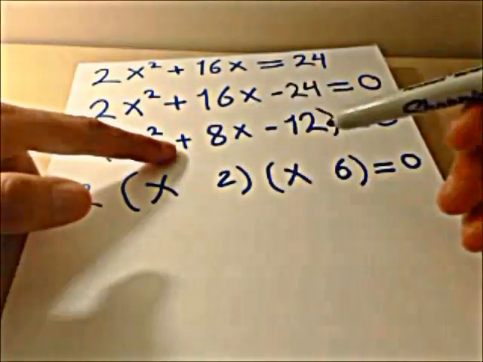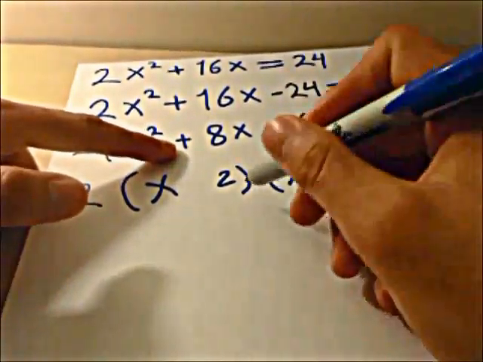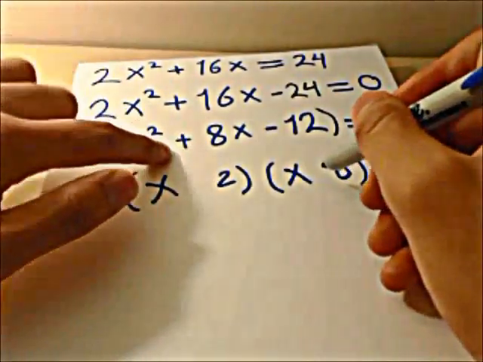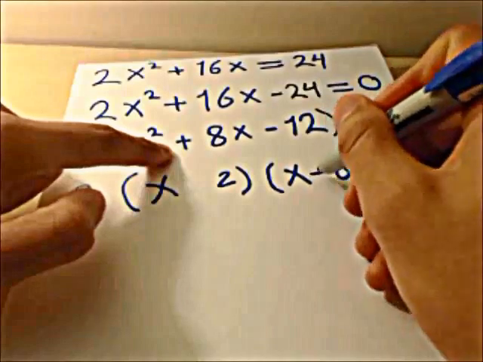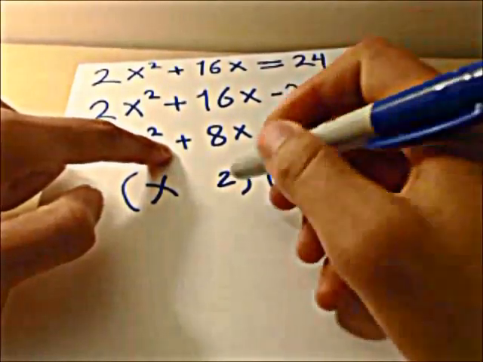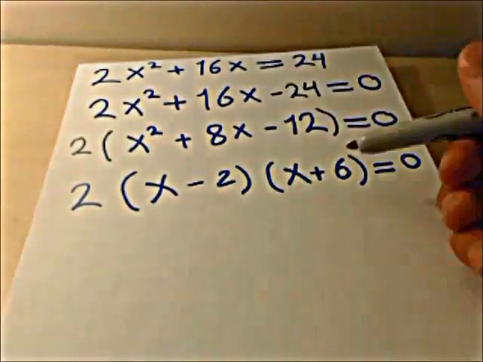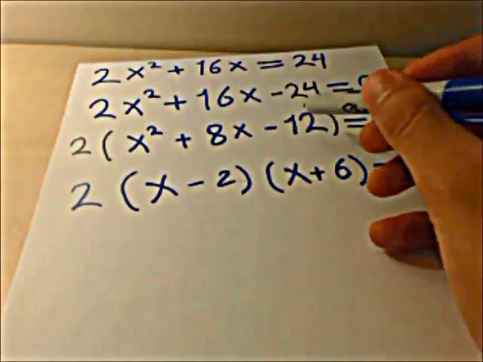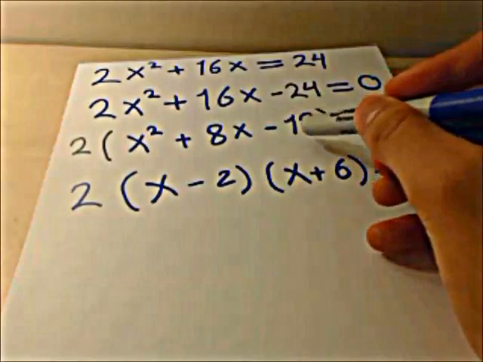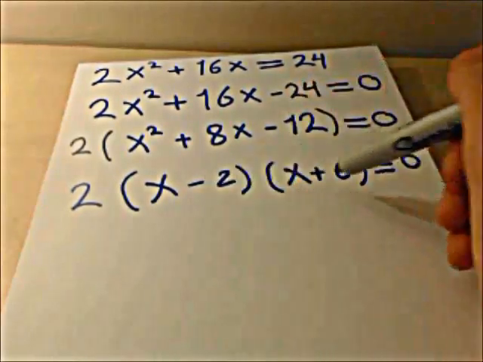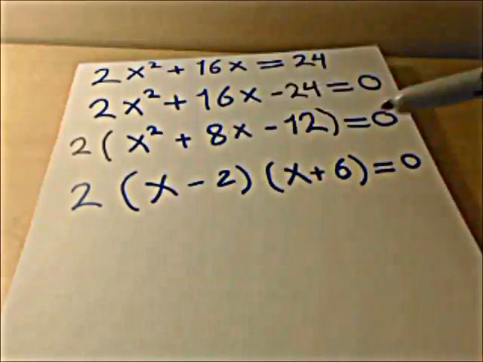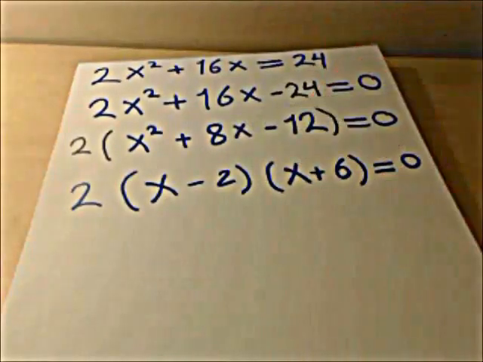The larger of these two numbers needs to get the sign of the middle term, and here it is positive, so 6 is going to get positive and 2 would get negative. So plus 6 times minus 2 will get us minus 12, and 6 plus minus 2 will get us a positive 8, which is the middle term.